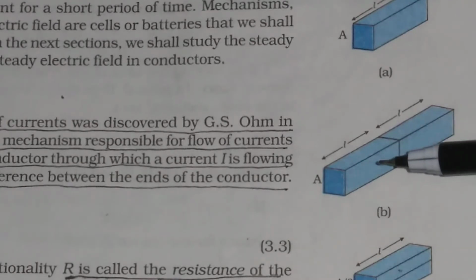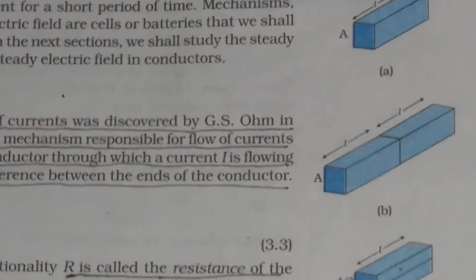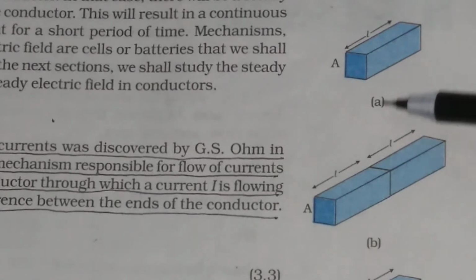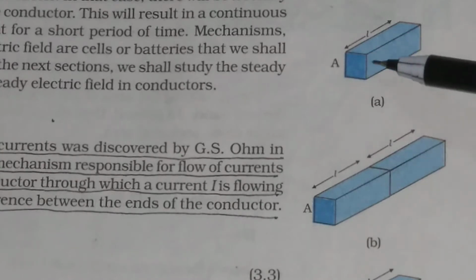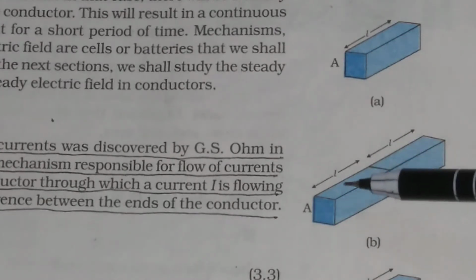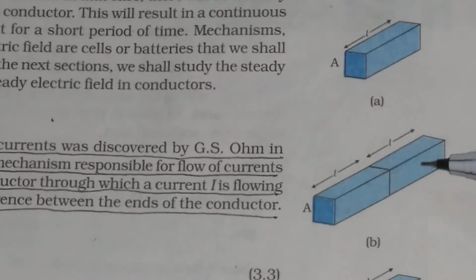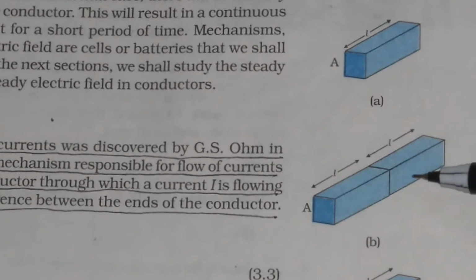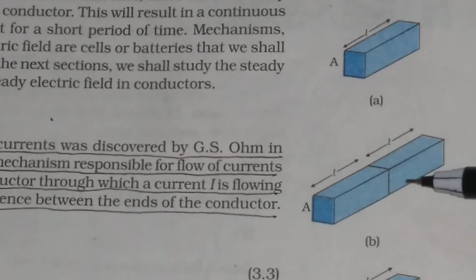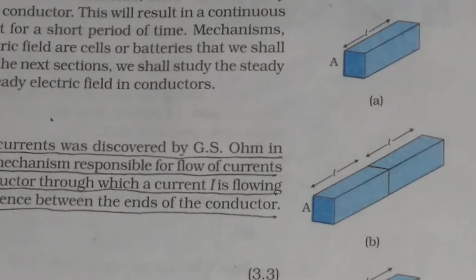So here the potential drop is equal to V. Since these are identical slabs, here also the potential drop will be equal to V. So the total potential drop in these two slabs will be equal to 2V.